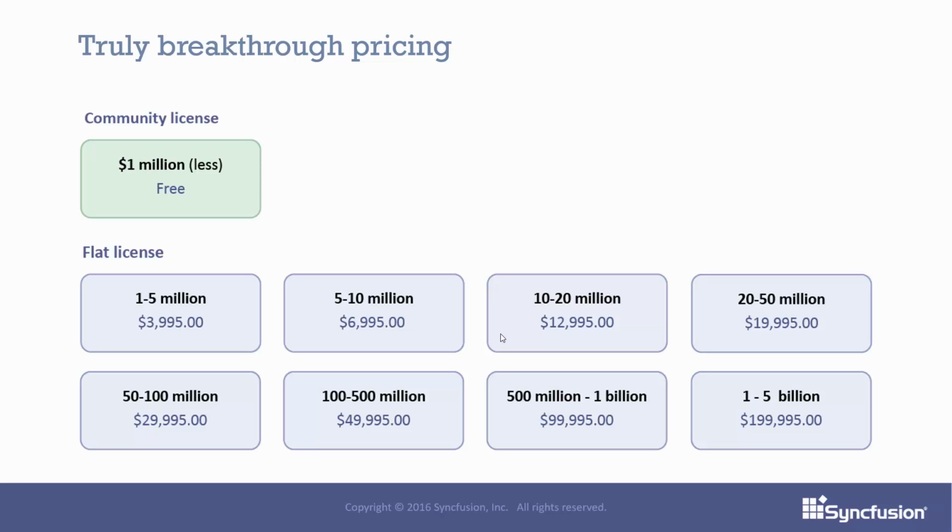But what is more interesting, what is more exciting for our customers, for Syncfusion customers, a lot of you already have global licenses. Now, if you already have a global license, and for the thousands of you that already do, this is completely free of cost. No matter what the size of the organization is, you don't pay a penny more than what you're already paying us. This is already included as part of your benefits.